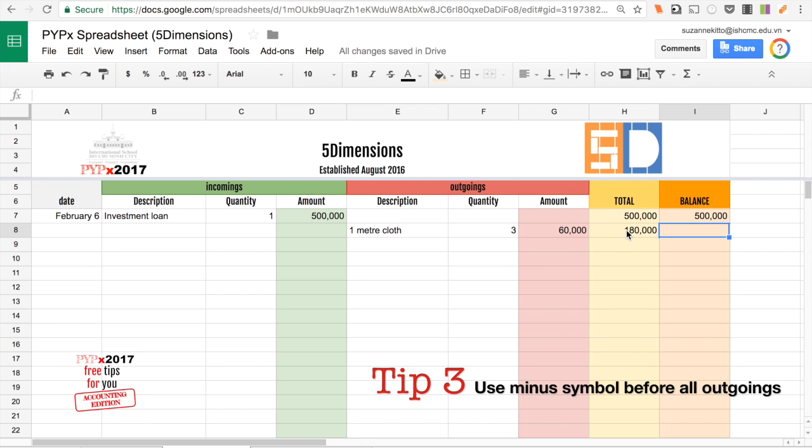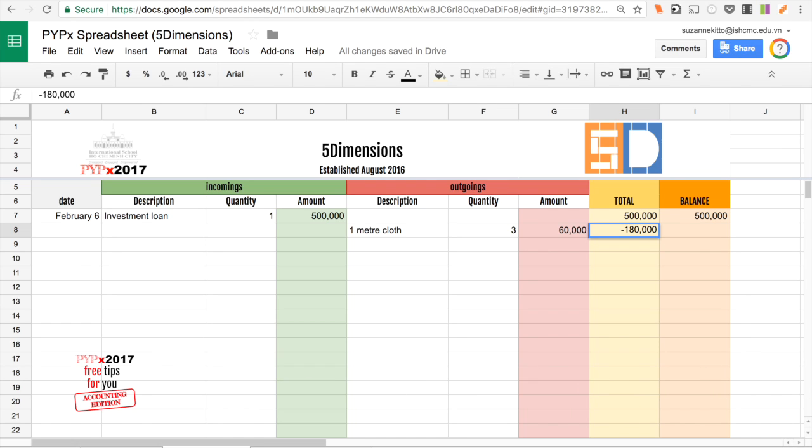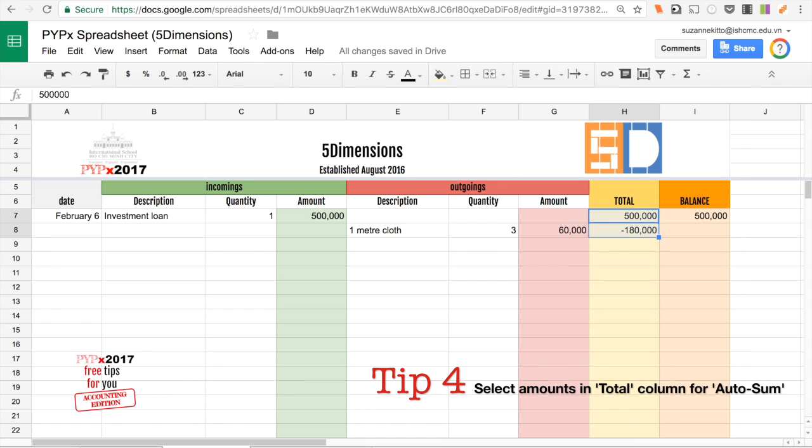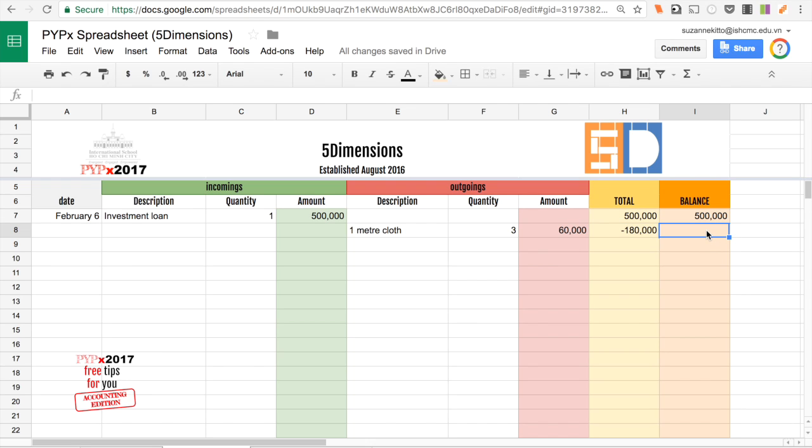And now, if I put in minus 180,000 because I spent that money, then if I use the clever function of shift and down, then if you can see down the bottom of the screen here, it gives you the sum of 320. So having spent 180,000, I now have a balance of 320, which I can write into this column here.